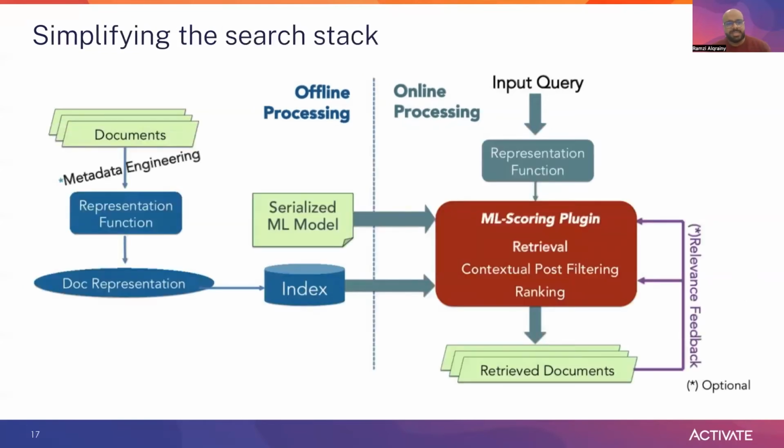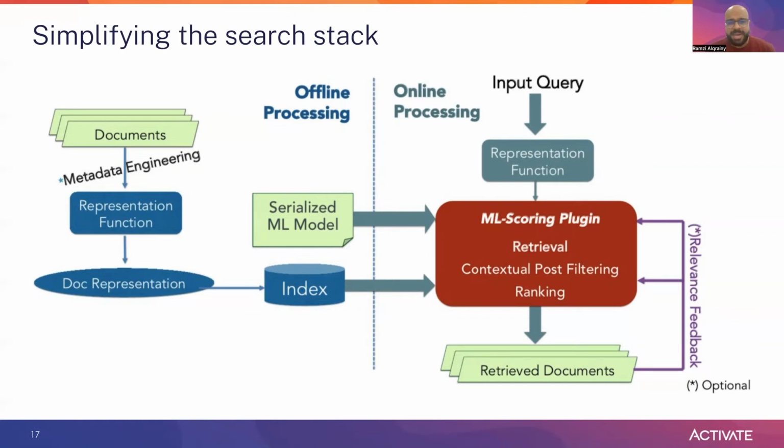A traditional search stack is based on information retrieval, where you have two main processing stages: the offline part and the online part. So offline, you acquire a set of documents, whether by web crawl or however you get them, depending on your application. There is a lot of fuzzy metadata engineering.